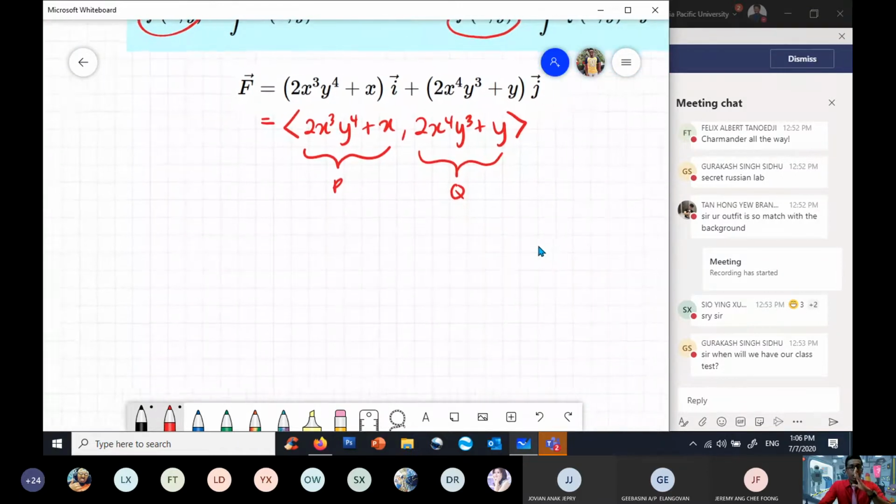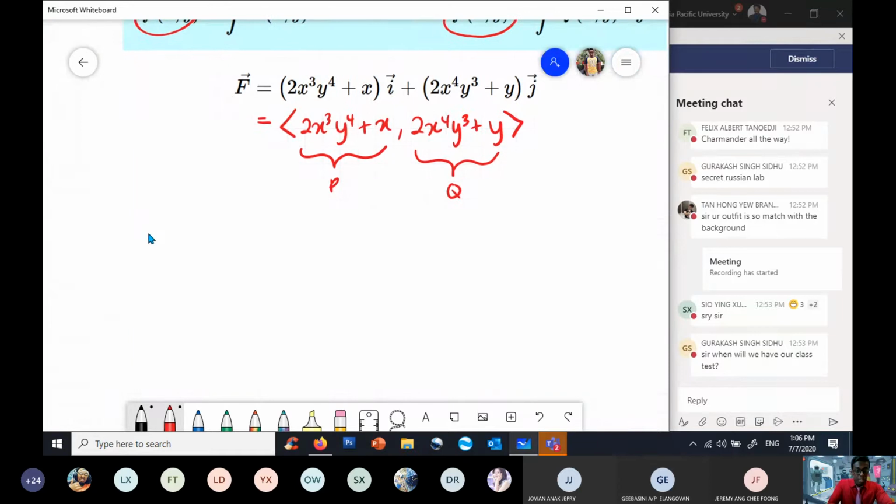All right. The idea is this. If you want to get the small f, the scalar potential, what you do is you integrate the P part here with respect to x. So 2x cubed y4 plus x, integrate it with respect to x.